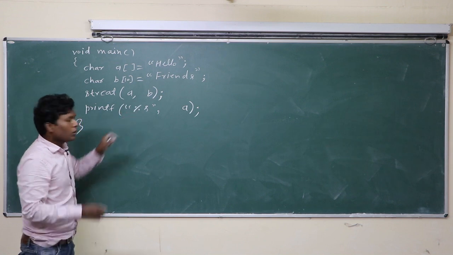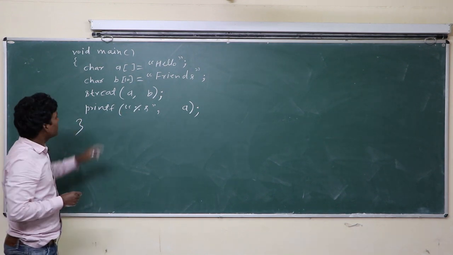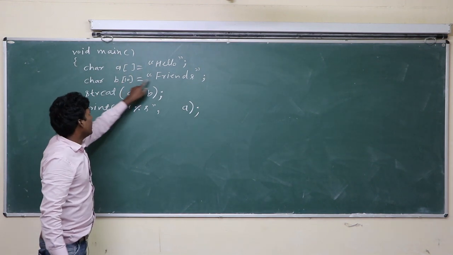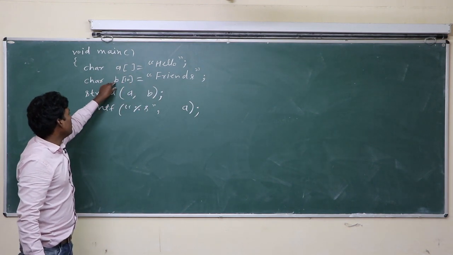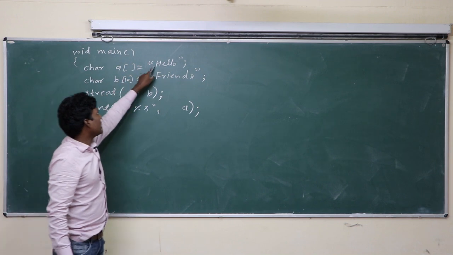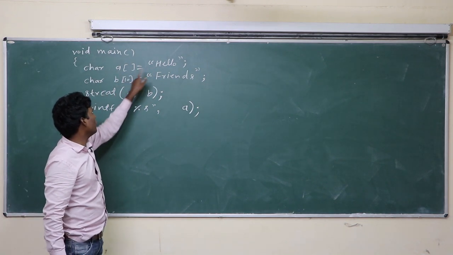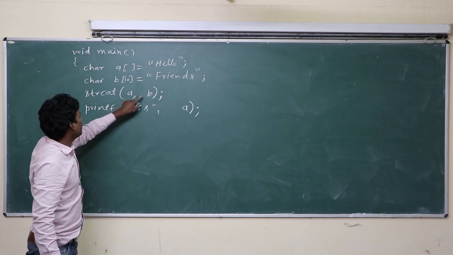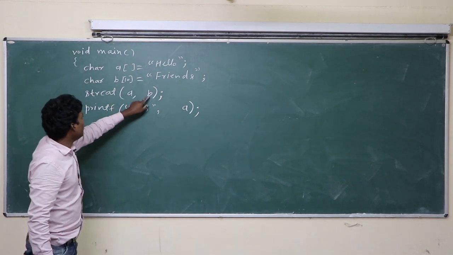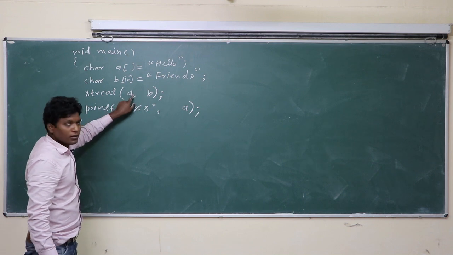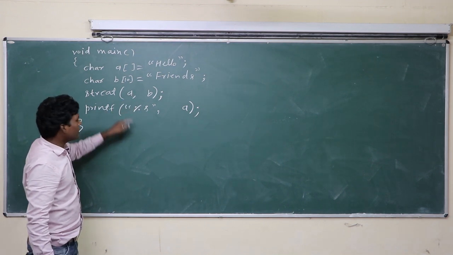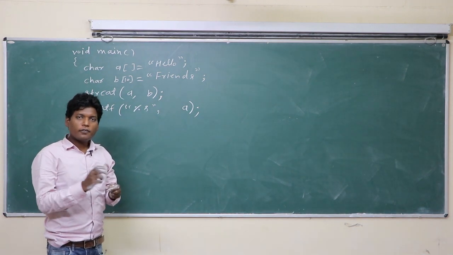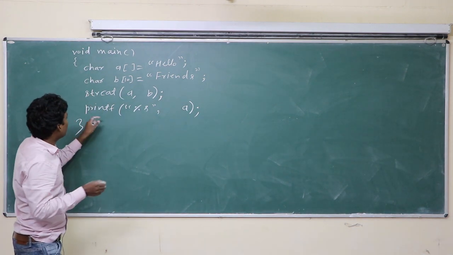Here A and B are both initialized and have content: A has hello, B has friends. strcat concatenates A and B, so B is copied after A. In concatenation one string is copied after another string.